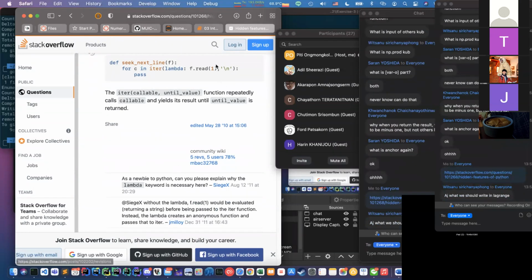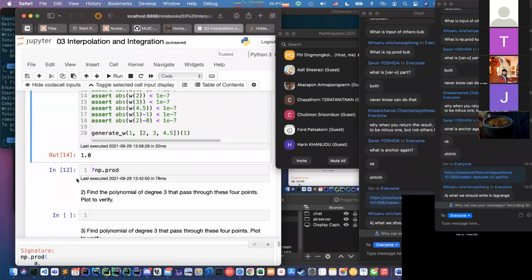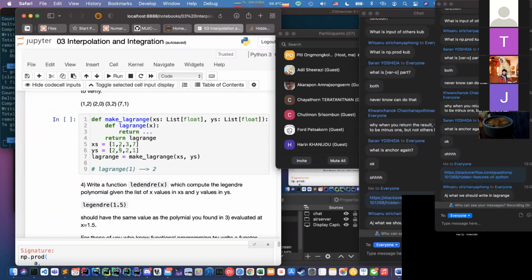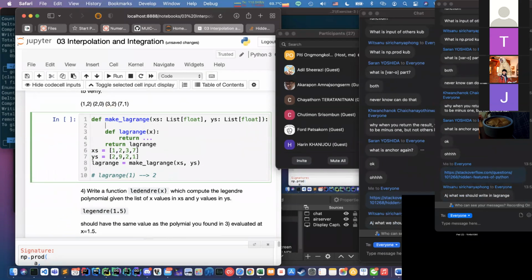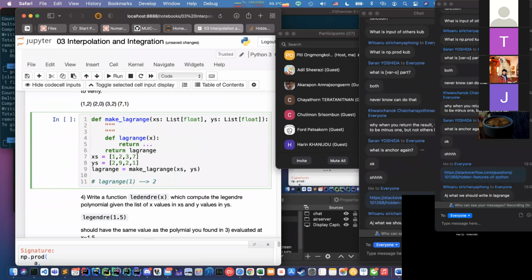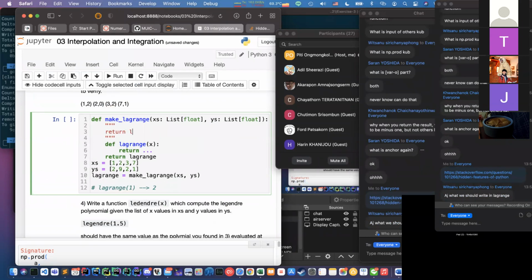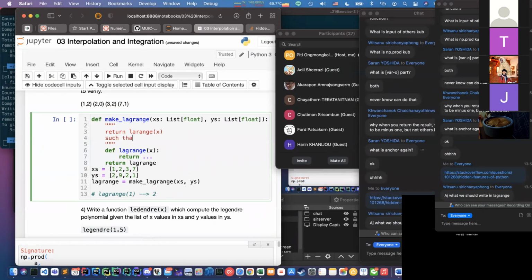What should we write in Lagrange? Good. You should write the function. Let me specify it better. It should return Lagrange x such that Lagrange x is y for x and y in zip xs and ys.